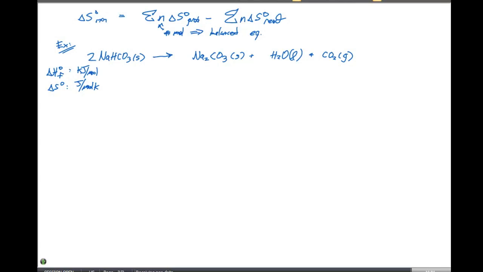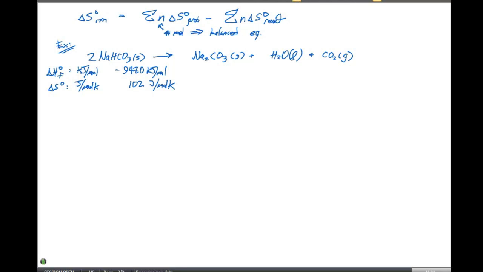Okay? Notice that when you see these values in a table, they have different units. The value for our NaHCO3 is going to be negative 947.0 in terms of kilojoules per mole for our delta H of formation. For the delta S, we're going to have 102, and this is joules per mole Kelvin.